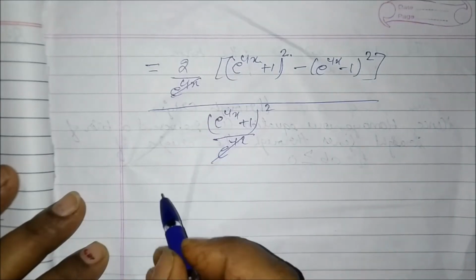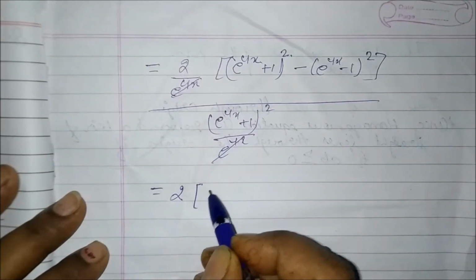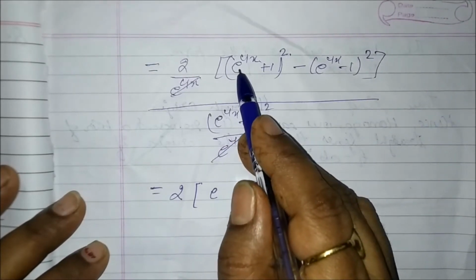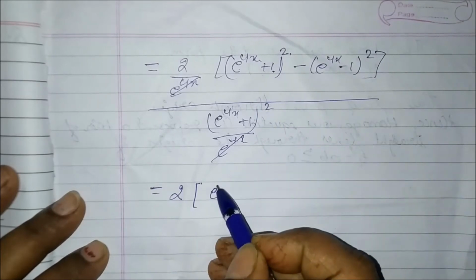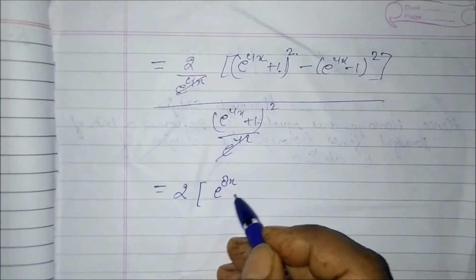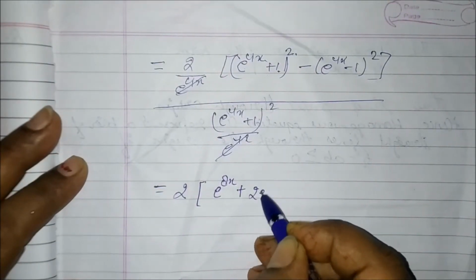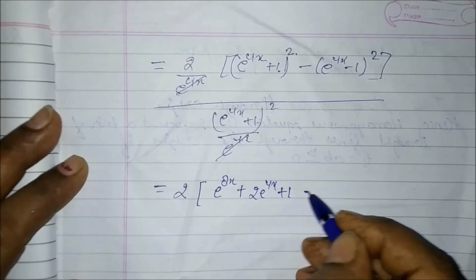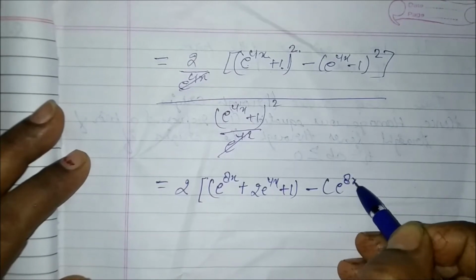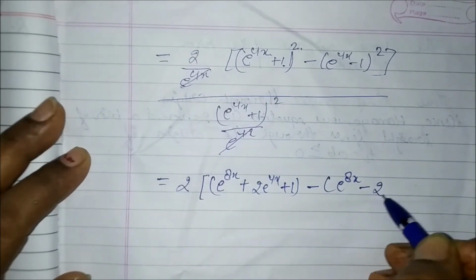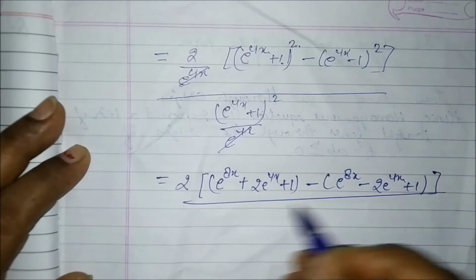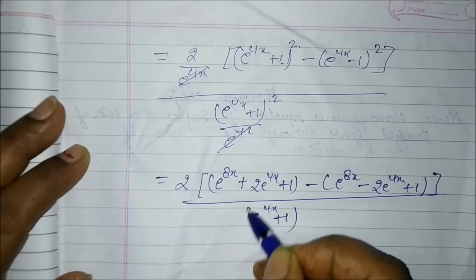Okay, after crossing it we get 2. Now we open the square. (a plus b) whole square, so a square plus 2ab plus b square. So squaring 4x we get 8x. e raised to 8x plus 2 e raised to 4x plus 1, minus, here also (a minus b) whole square, we get e raised to 8x minus 2 e raised to 4x plus 1. Okay, upon (e raised to 4x plus 1) whole square.